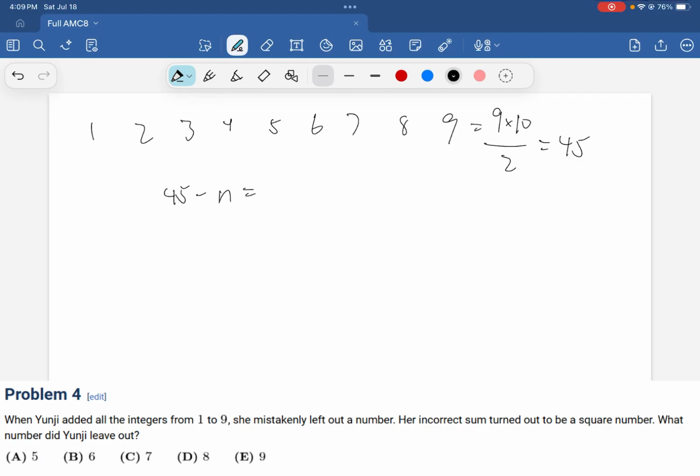And the largest square below 45 is going to be 36. So if you just solve this, this becomes n equals 9. And indeed, the sum of integers from 1 through 8 is indeed 36. So the answer is E, 9.